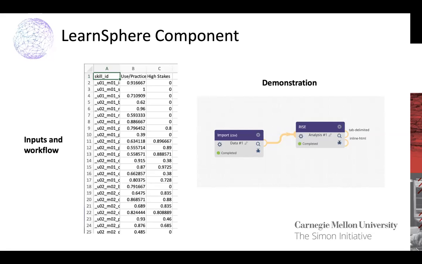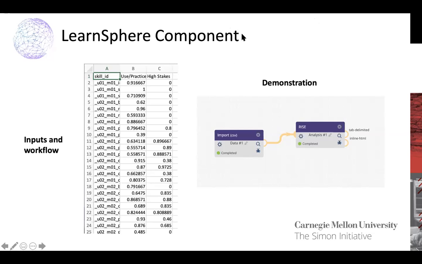So that's essentially what kind of data set this takes. I'm going to now change screens over to LearnSphere to give you a little demonstration of how quick and easy this is once you have that kind of data available to you.